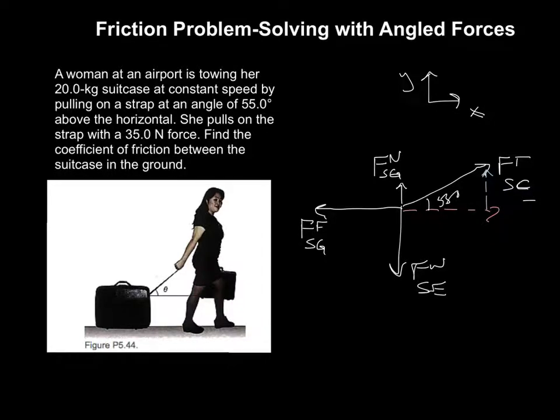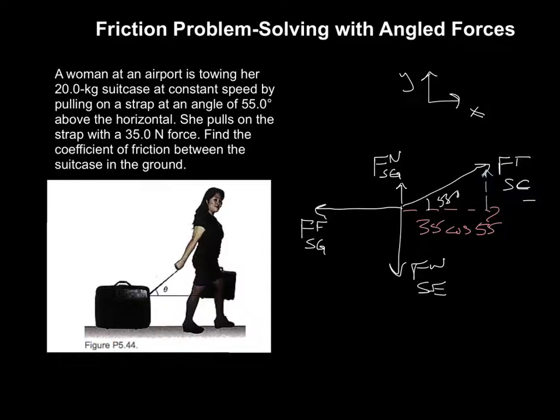Hopefully you remember your trigonometry here. This horizontal side is going to be the value of the tension, the hypotenuse, which is 35, times the cosine of the angle: 35 cosine 55, cosine being adjacent.